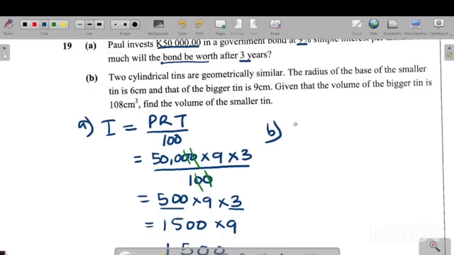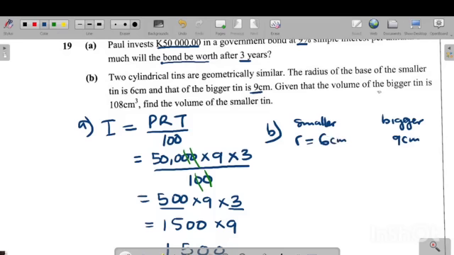So here you have two similar tins, a smaller tin and a bigger tin. The radius of the smaller tin is 6 centimeters, and that of the bigger one is 9 centimeters.